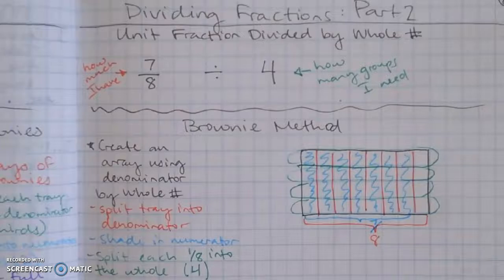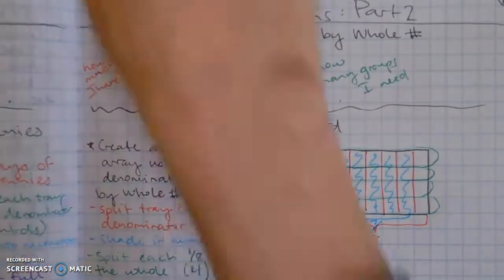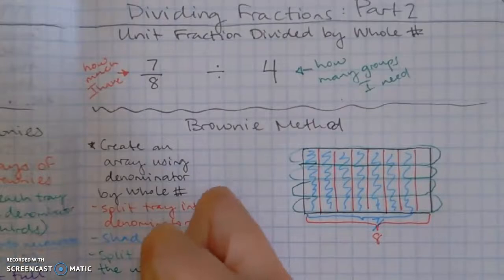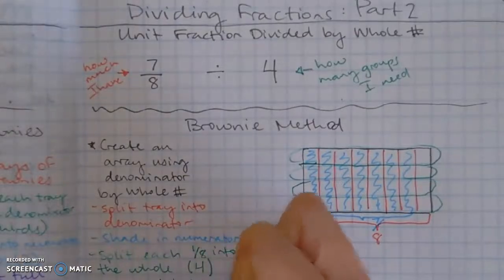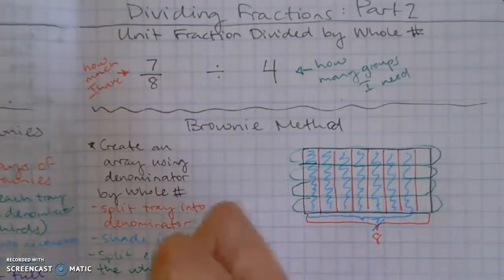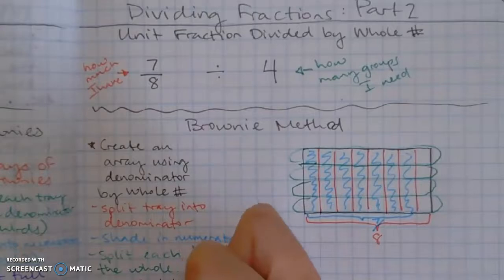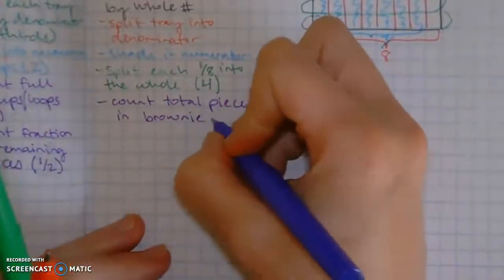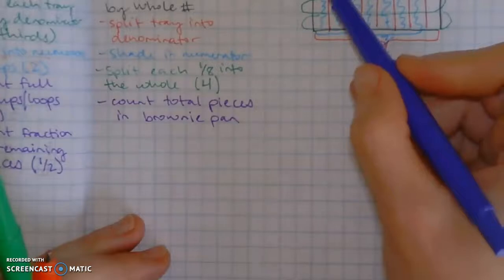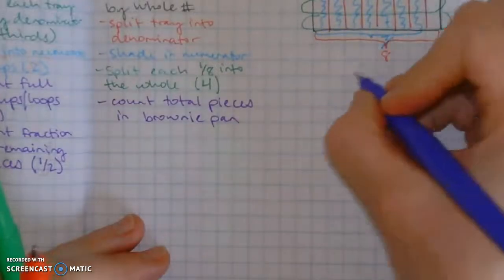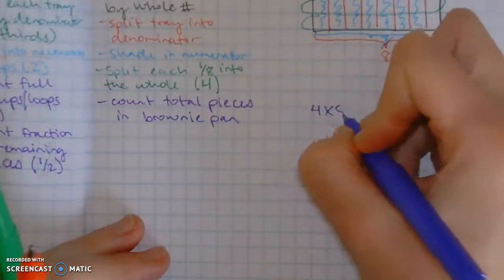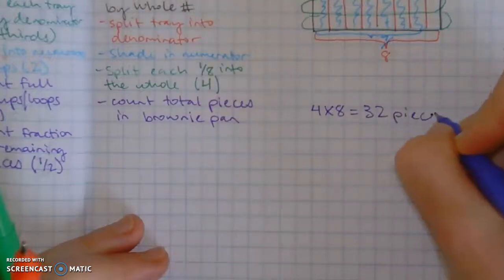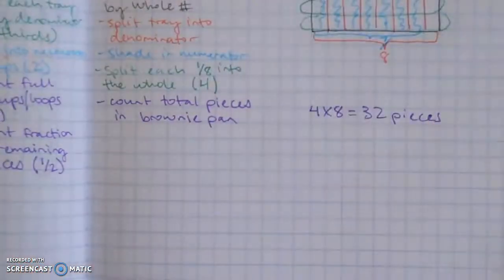Okay, so I'm going to count now the total pieces. Count total pieces in brownie pan. Oops, you can't see what I'm writing. Sorry. So in this case, it's going to be a 4/8, which is going to give me 32 pieces, even if there's not actually pieces there.